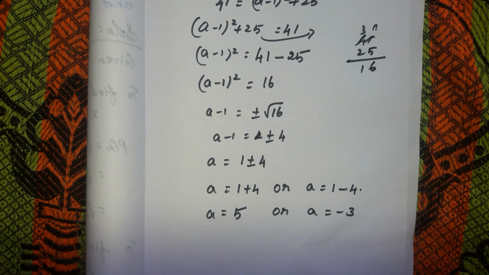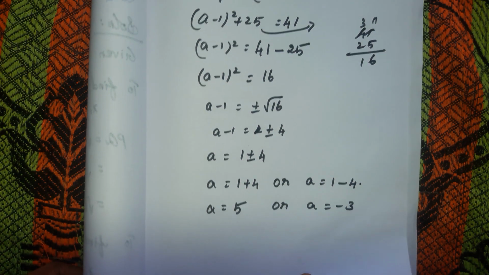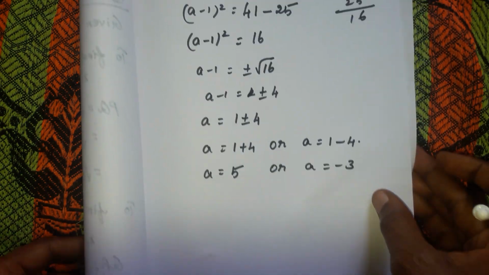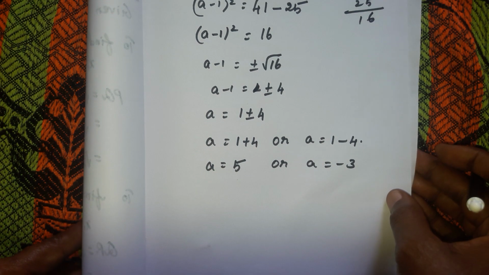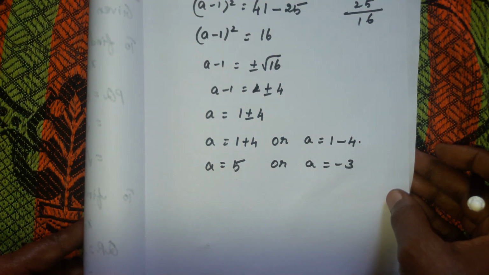Okay, what's the value of a? a is equal to 5 or a is equal to minus 3. Clear? Any doubt in this question? No doubt? Okay.